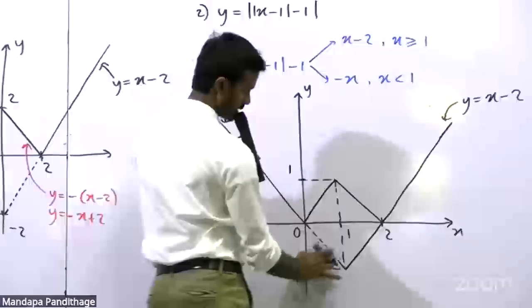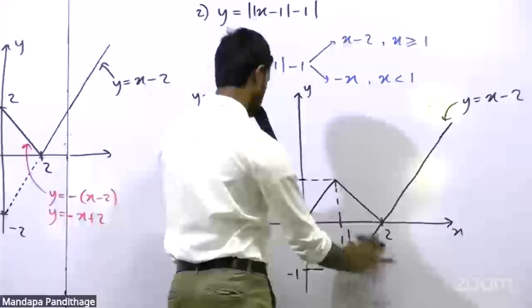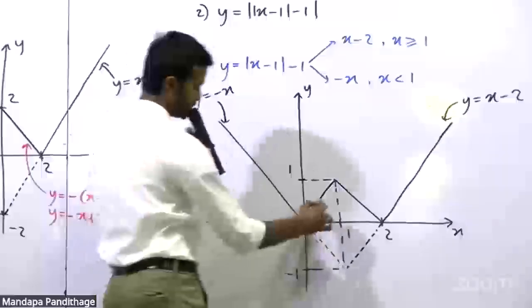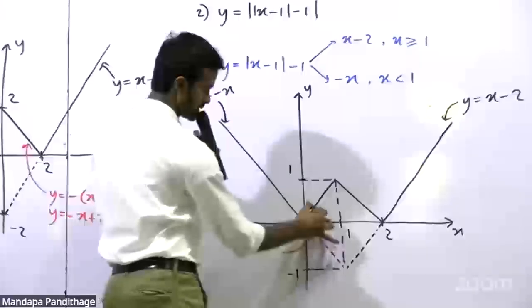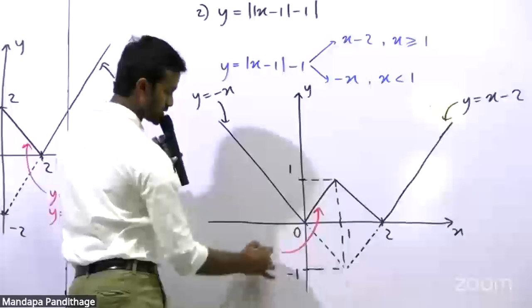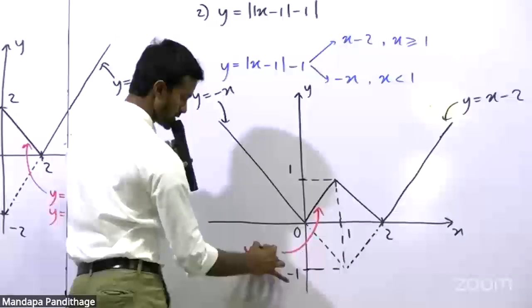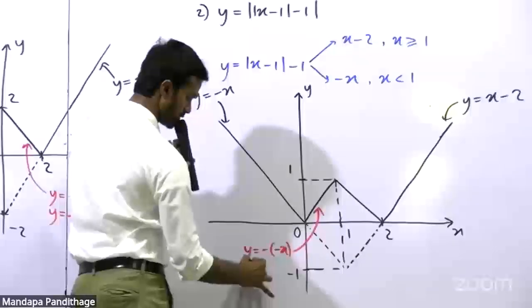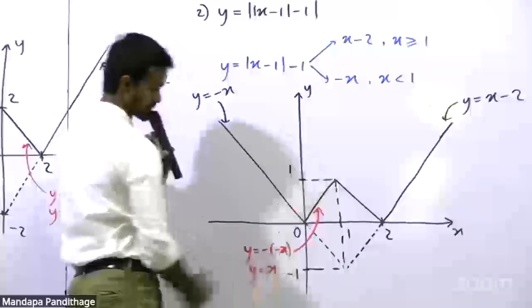So take out this part. And the main thing is naming the equation. Look at this. What has been mirrored here? Y equals minus x, so consider the minus of that. It's y equals x.